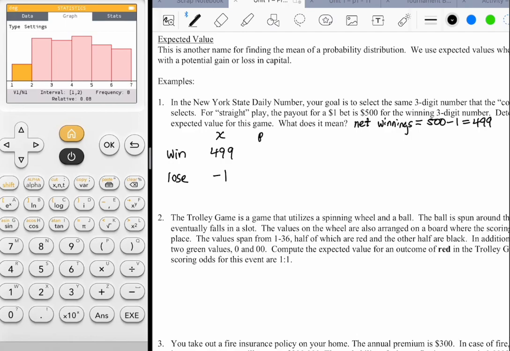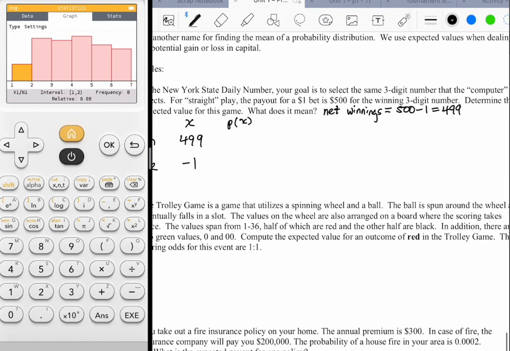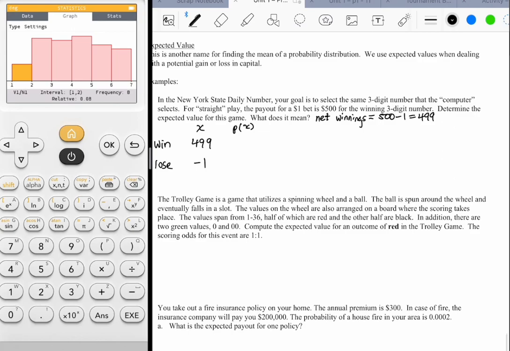The probability of winning. This goes back to what I said before. We start talking about probability distributions, and I say, okay, now that we've mastered every aspect of probability, let's go ahead and learn how to apply it. And it's like, well, we didn't, but we can figure out this one pretty easily. You're going to pay $1 to choose a 3-digit number.